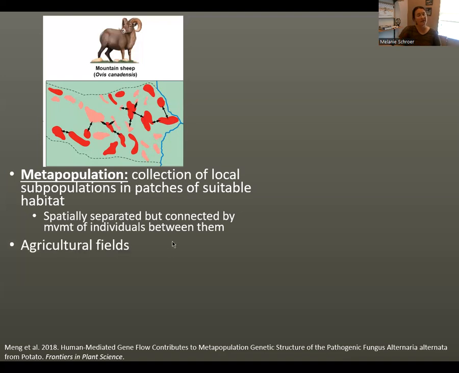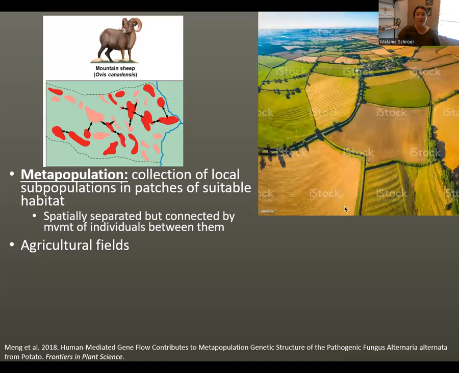Okay. A good example of metapopulations we can see in agricultural fields. This generic agricultural area, we can see that between these patches of land with, of course, different species, first of all, there are these little hedgerows. So hedgerows essentially blocking the wind from blowing quite so hard and essentially reducing erosion of soil due to the wind.